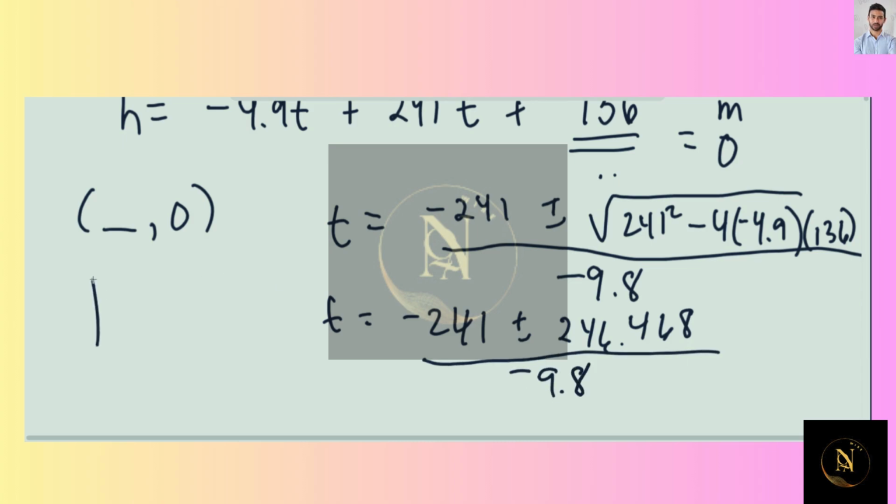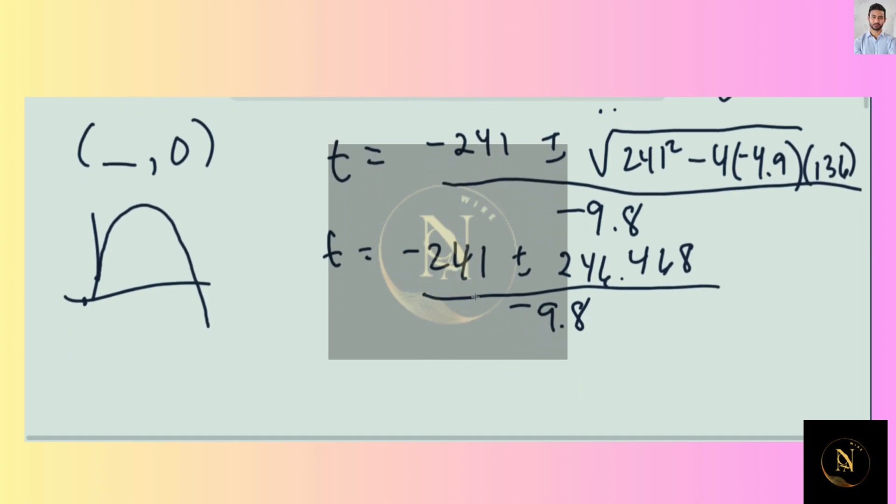We know the picture is that it's going to start from a height, go up and come down, so we're going to get two zeros, one that's negative and one that's positive. If we take this plus this, that will give us a positive answer divided by a negative, so we actually want to find this one.